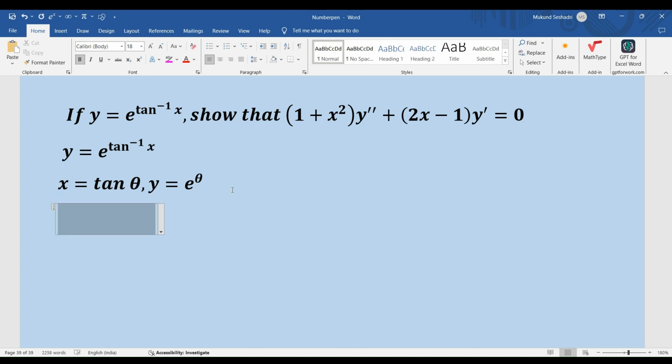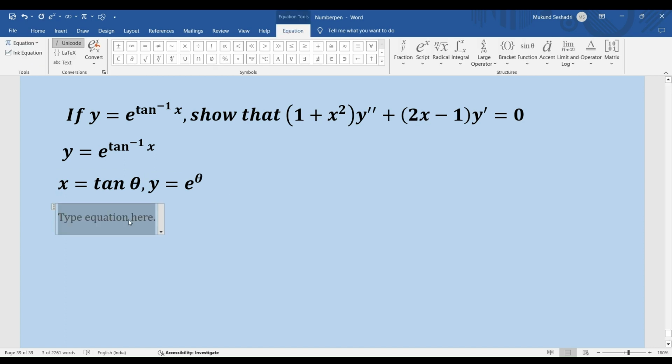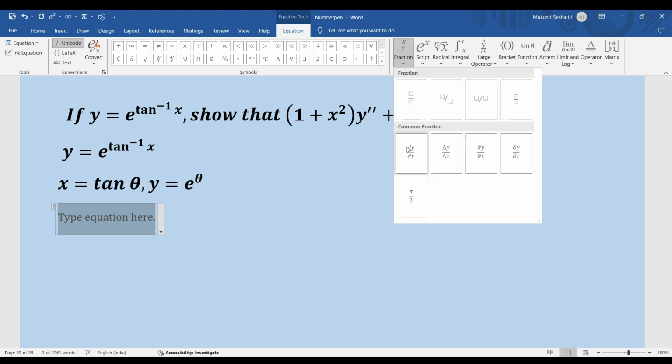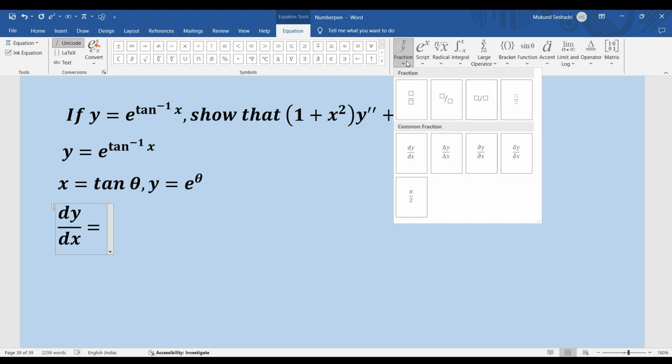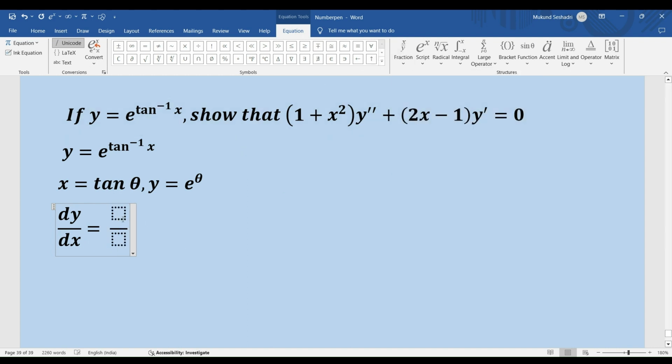So now I'm going to work out my dy by dx using the chain rule, right? My dy by dx is nothing but dy by d theta into d theta by dx, right?